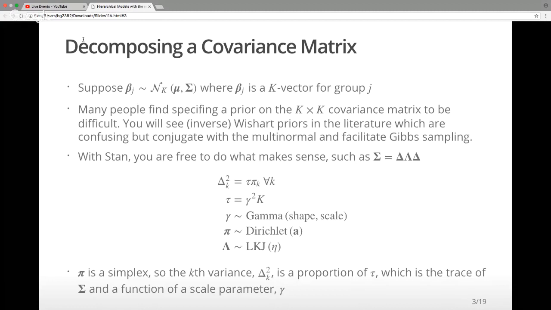We could take A to be numbers a little bit greater than 1. That is going to tend to express prior beliefs that the elements of pi are closer to 1 over k. We can specify A to be numbers less than 1, but then it has this sort of U-shaped thing on the margins of pi, which is usually a pretty weird thing to believe. Again, this distribution is a generalization of the beta distribution to more than 2 dimensions.